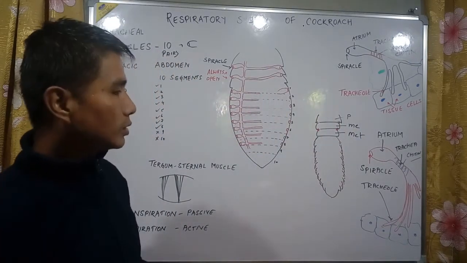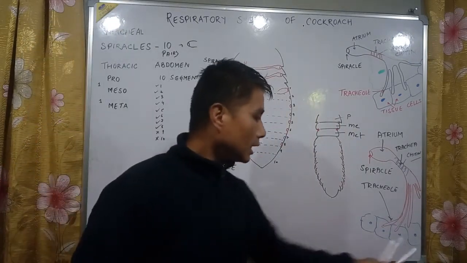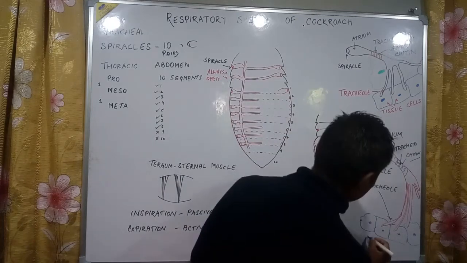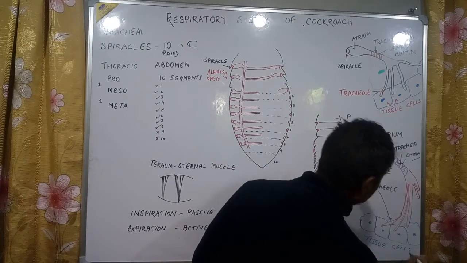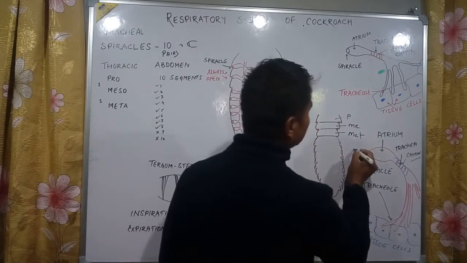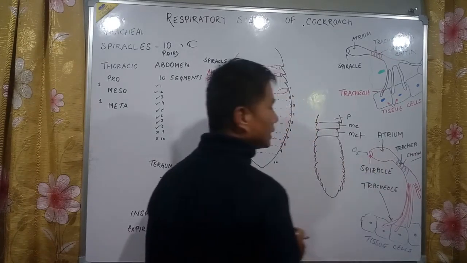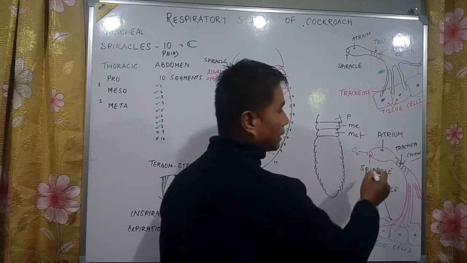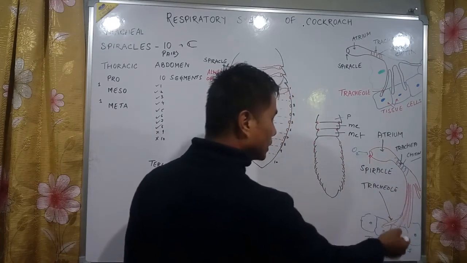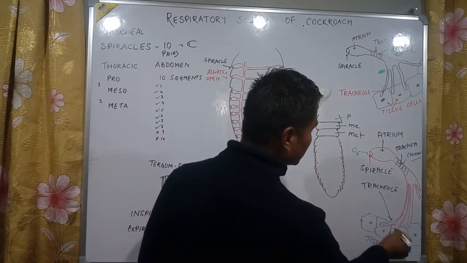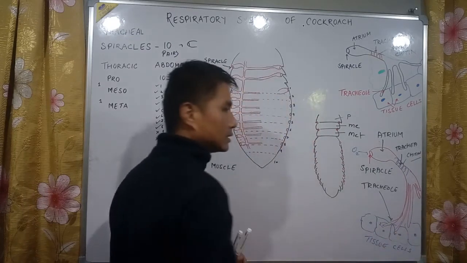So these are tissue cells, you can write tissue cell. So that means when air goes through this spiracle, then it enters the atrium through trachea, it goes to tracheole, and from there oxygen diffuses to these cells.